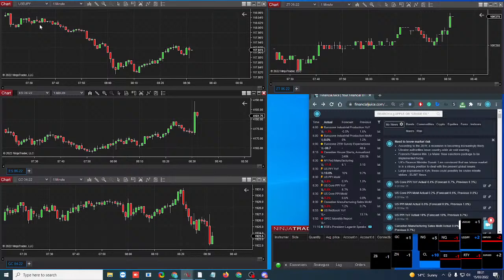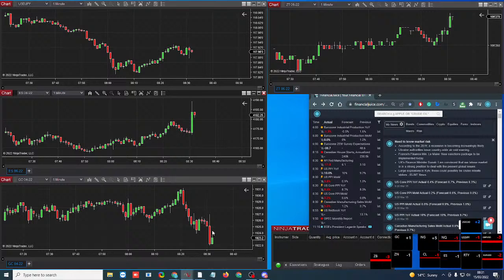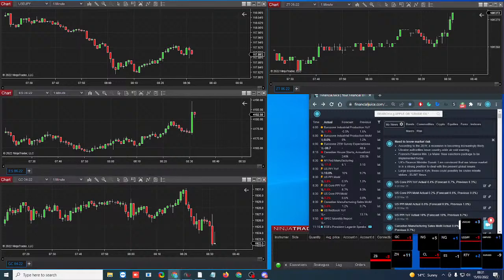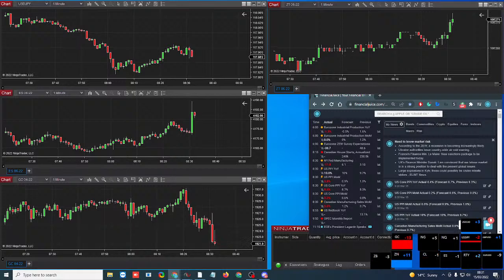Okay, let's have a look at some of the other currencies too. So gold did see some movement towards the downside there off of that release. If we compare that to the prior release that we had previously, when we had a positive PPI report, we'd seen about 30 ticks down when there was a 0.5 deviation from the release.